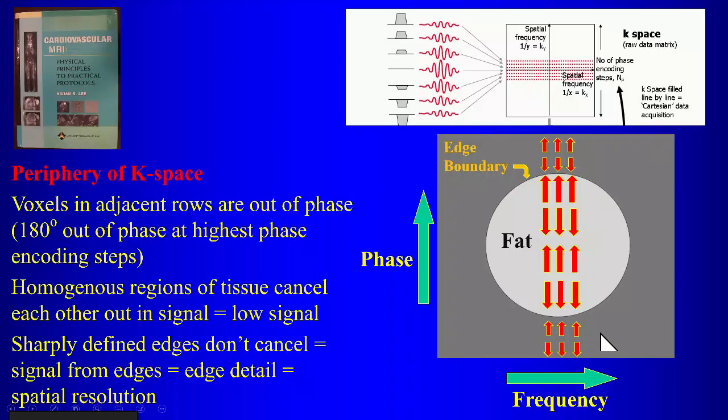But what happens at the edge boundary? At the edge boundary, where there is a difference between this and this, it doesn't completely cancel out the signal. So the edges are seen where you have boundaries between different types of tissue, and that gives you spatial resolution.